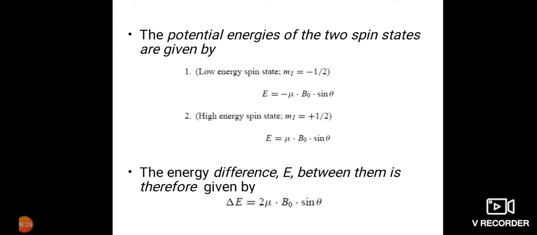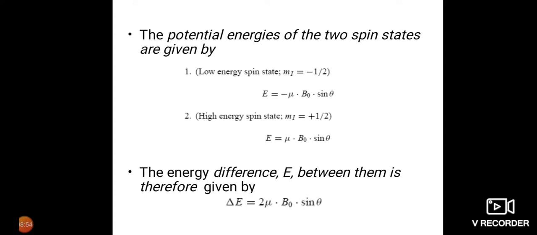And when the high spin state is obtained by the absorption of energy, the spin becomes minus half, and the magnetic energy, instead of minus mu B naught sin theta, becomes plus mu B naught sin theta. Now, if we calculate the energy difference, delta E, the energy change, it gives delta E equal to 2 mu B naught sin theta.